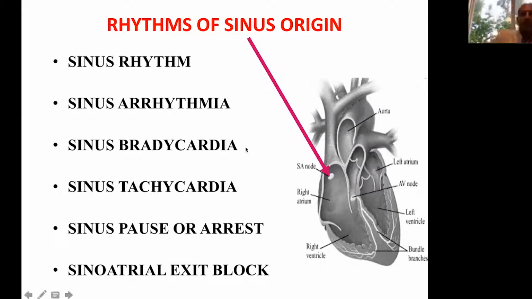If it is less than 60 beats a minute, it's referred to as sinus bradycardia. If it is faster than 100 beats a minute, we call it sinus tachycardia. If there is no sinus activity, we call it sinus pause or arrest. And there are different versions of this. They are classified as sino-atrial exit blocks, which I'll show you how to diagnose.